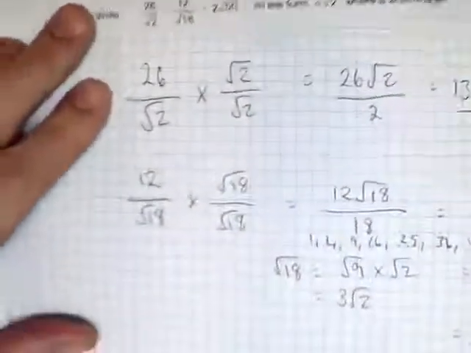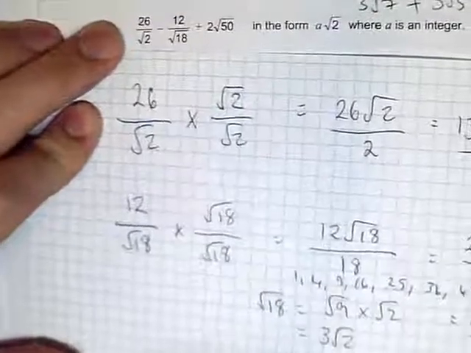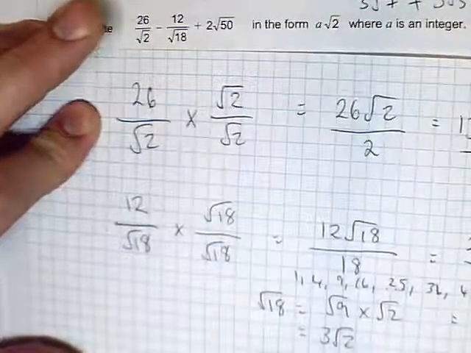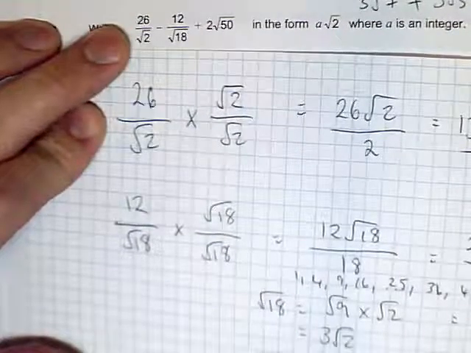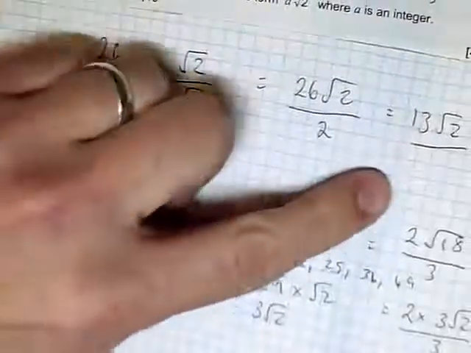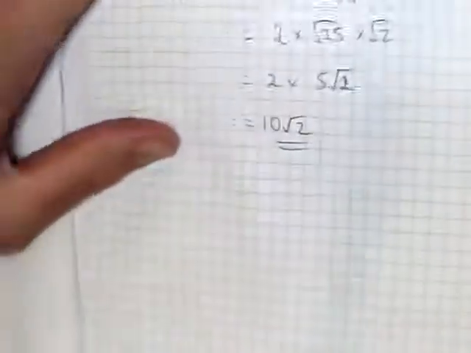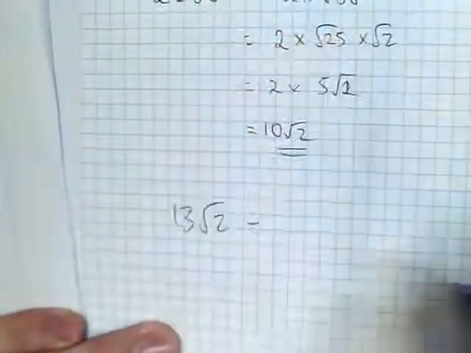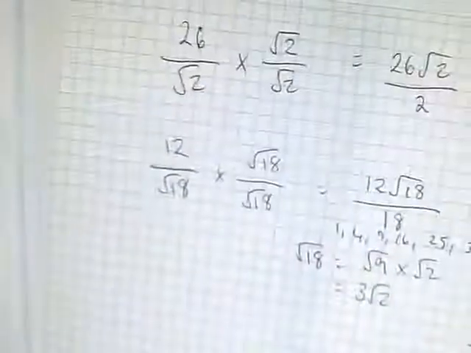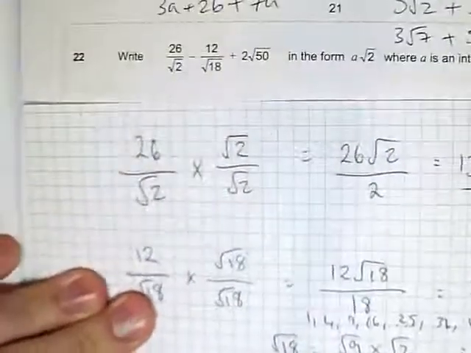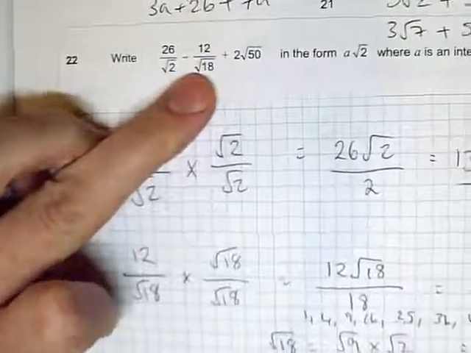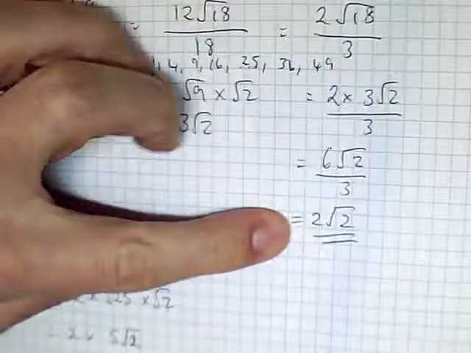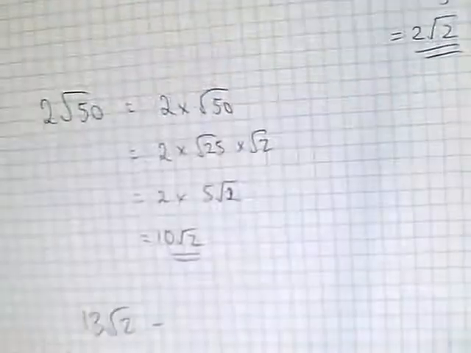So go back to the question. And we're now ready to apply our final answer. So we've got 26 over root 2, which was 13 root 2. We're then subtracting 12 over root 18, which we said was 2 root 2.